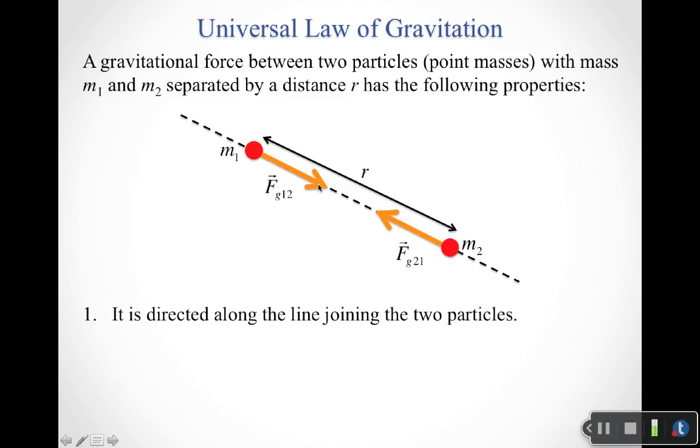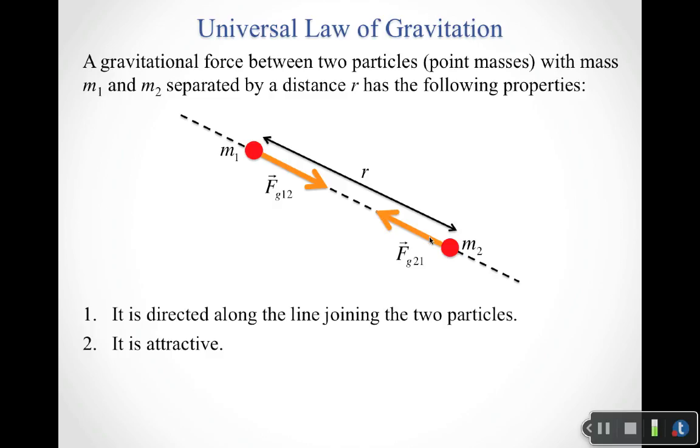This is the free body diagram for mass 1, and mass 1 feels a force exerted by mass 2, so mass 1 is gravitationally attracted towards mass 2. Mass 2, here's its free body diagram, is gravitationally attracted towards mass 1. Both of these forces are directed along the line joining the two particles, and both are attractive. So gravitational forces are always attractive.